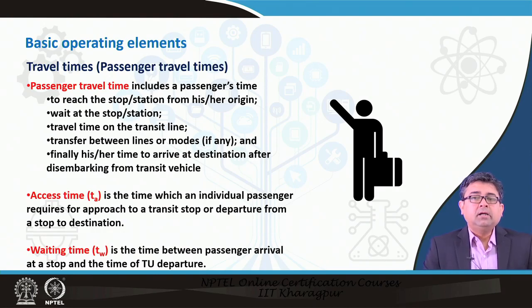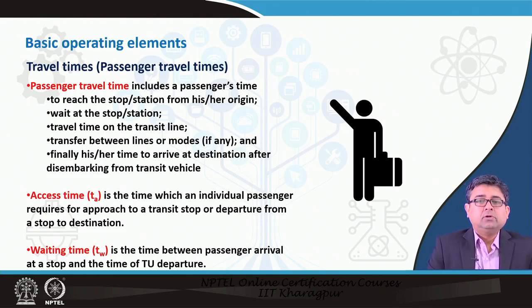Now, those were all the travel times when we looked at it from the point of view of the operators. If you look at the travel times from the point of view of the passengers, we see that the passenger travel time on a transit line has 4 to 5 different subclassifications. So, the first element in a passenger travel time is the time that a passenger takes to reach the station from his or her origin.